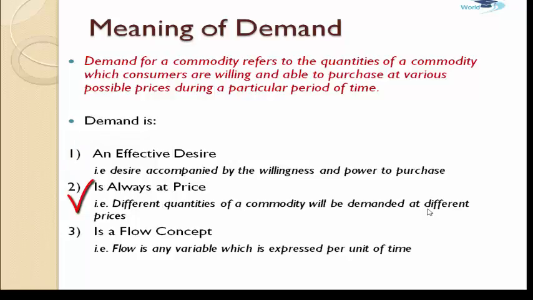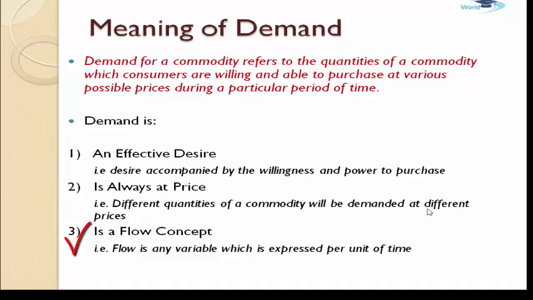Second, demand in economics is always at a price. That is, different quantities of a commodity will be demanded at different prices. Then, demand is also always expressed with a reference to a particular time period. Hence, demand is a flow concept.